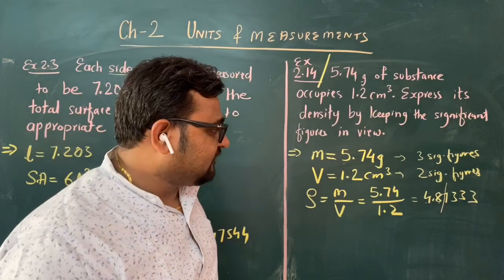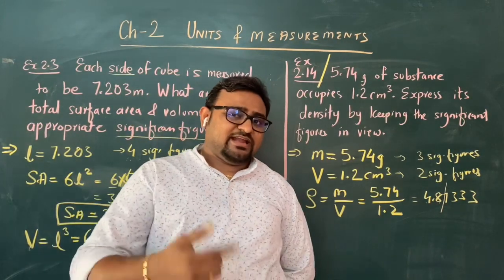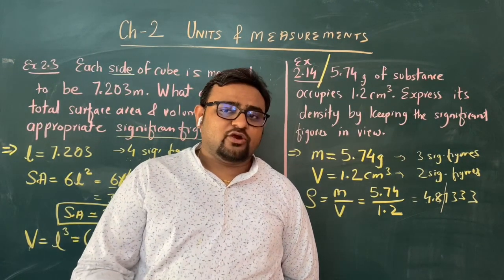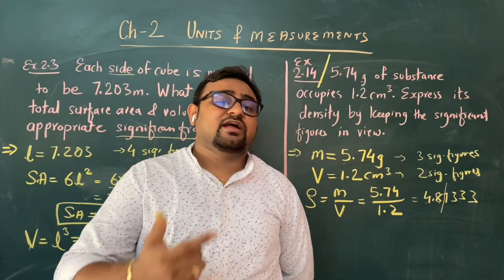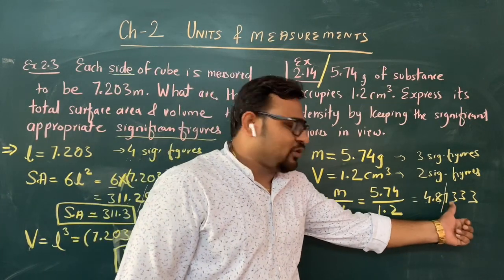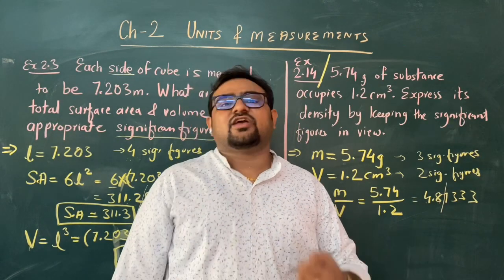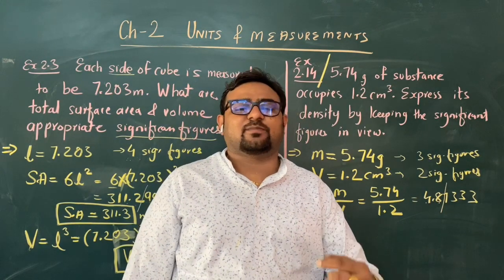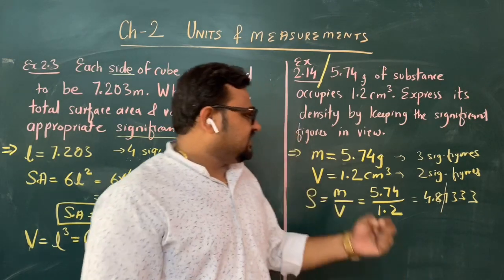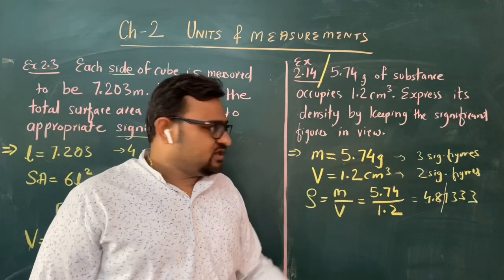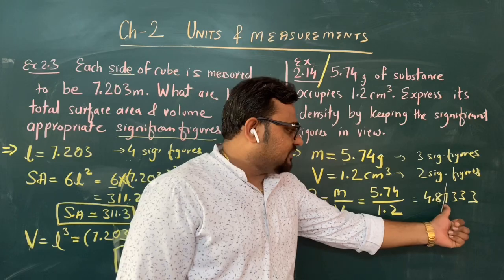Okay, don't get confused with addition and subtraction. In addition and subtraction, you have to count the digits after the decimal point. But in multiplication and division, you have to see the least number of significant figures in all the measured quantities. So here there are two, so in the answer there must be two.